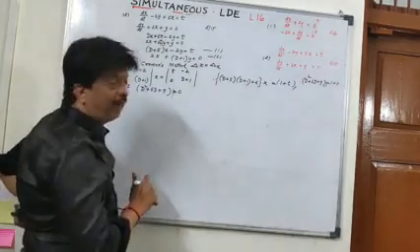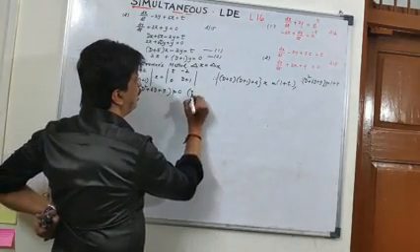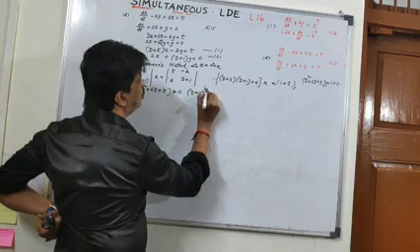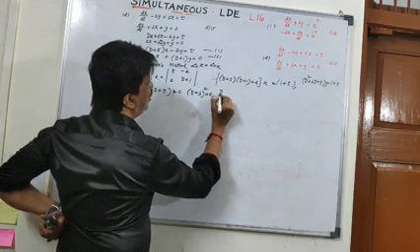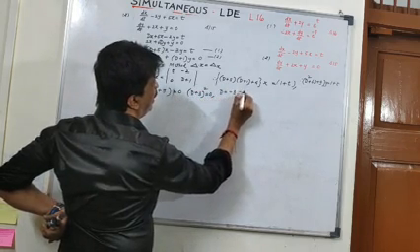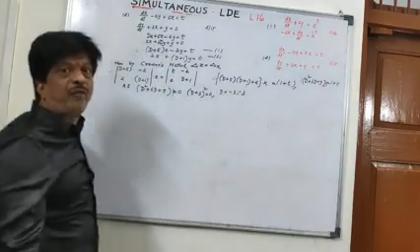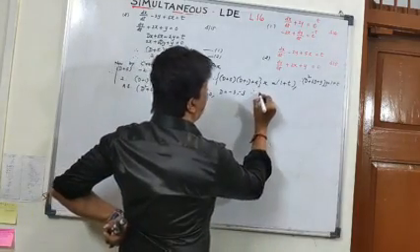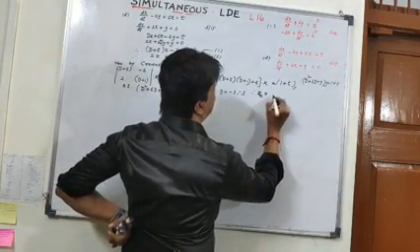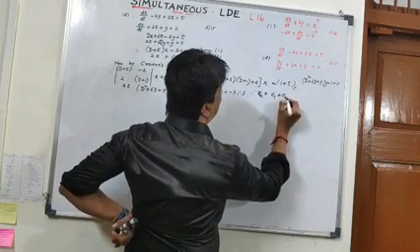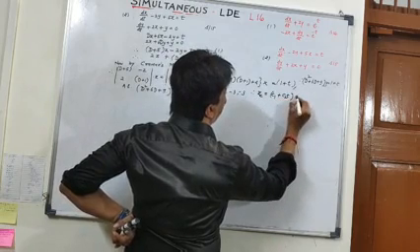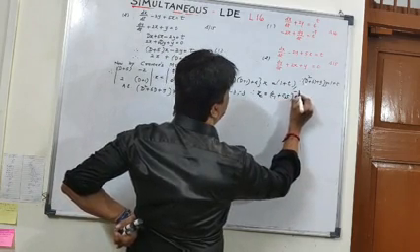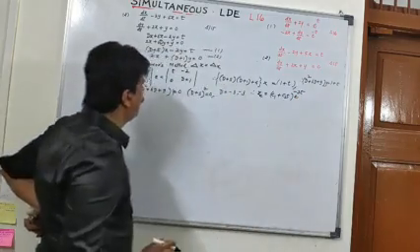The roots of this auxiliary equation are, it is of course a perfect square, (D + 3) whole square. So D is equal to minus 3, a pair of repeated real roots. Therefore, the complementary function xc is (c1 + c2 t) into e raised to power minus 3t.